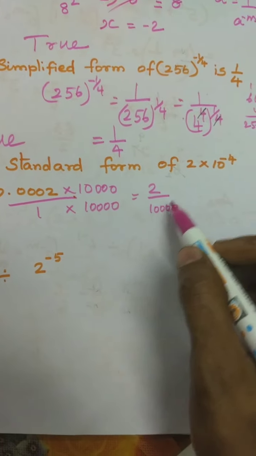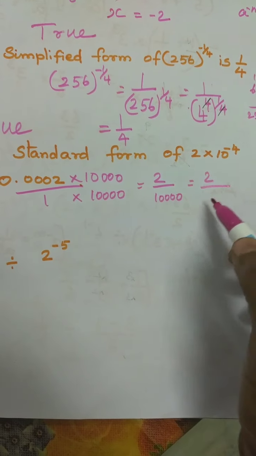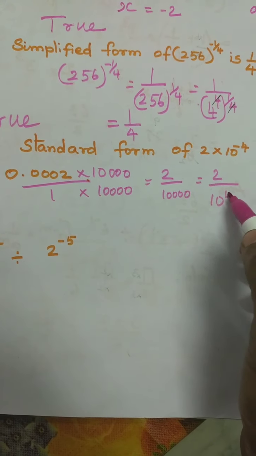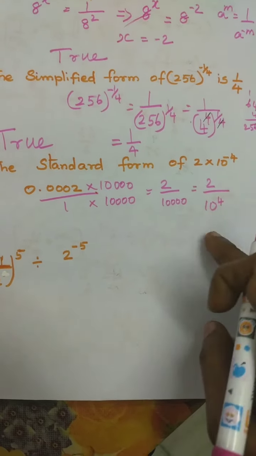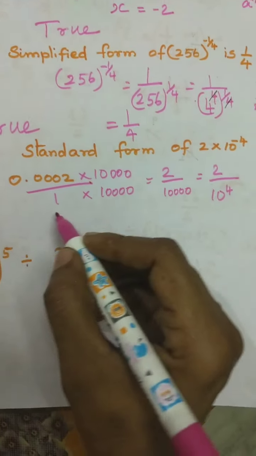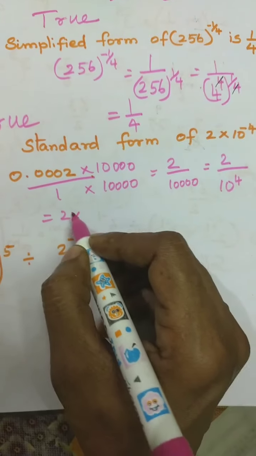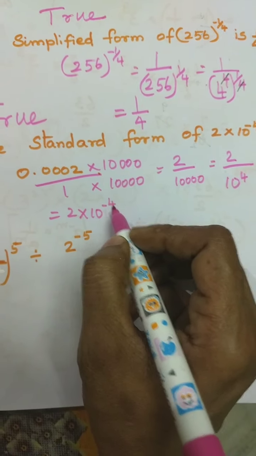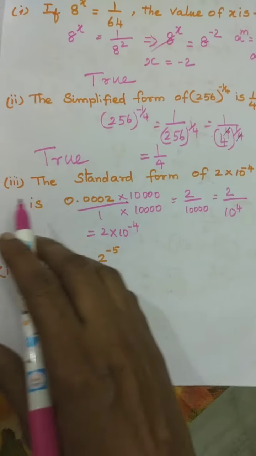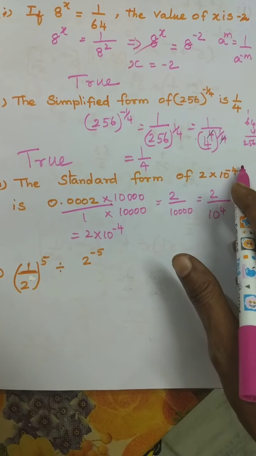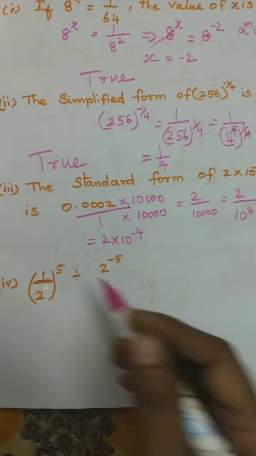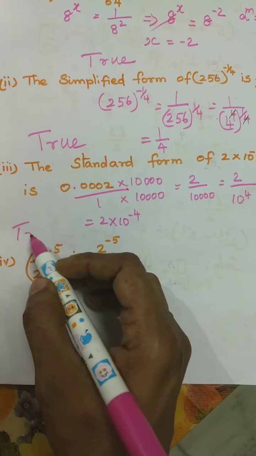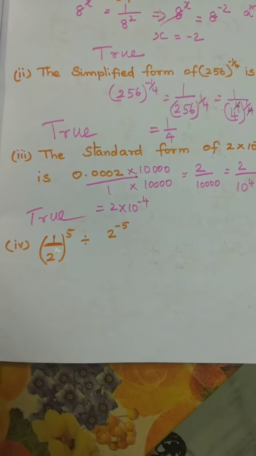We can write this as 2 by 10 power 4. If you bring the 10 power 4 to the numerator it will come as 2 into 10 power minus 4. So the standard form of 2 into 10 power minus 4 is 0.0002. Is it right? Yes, it is also true.